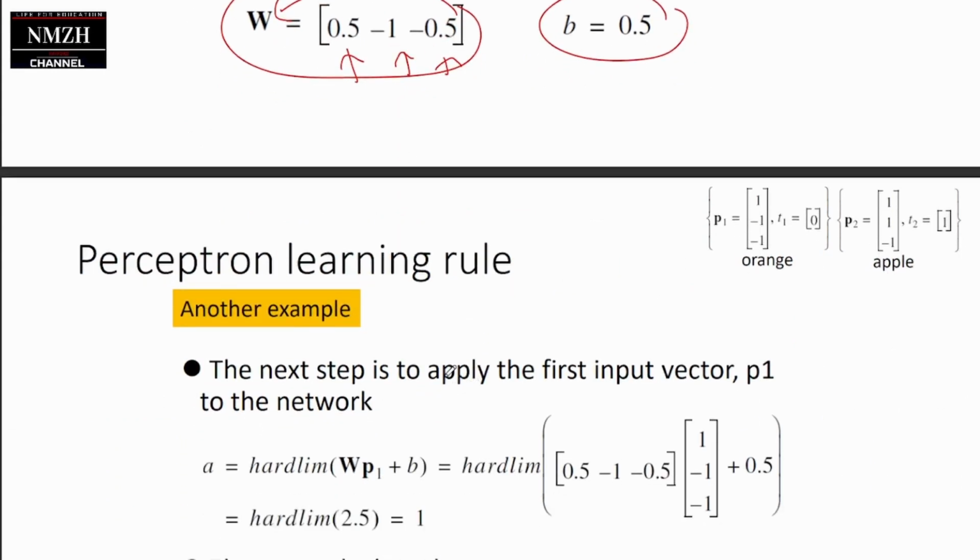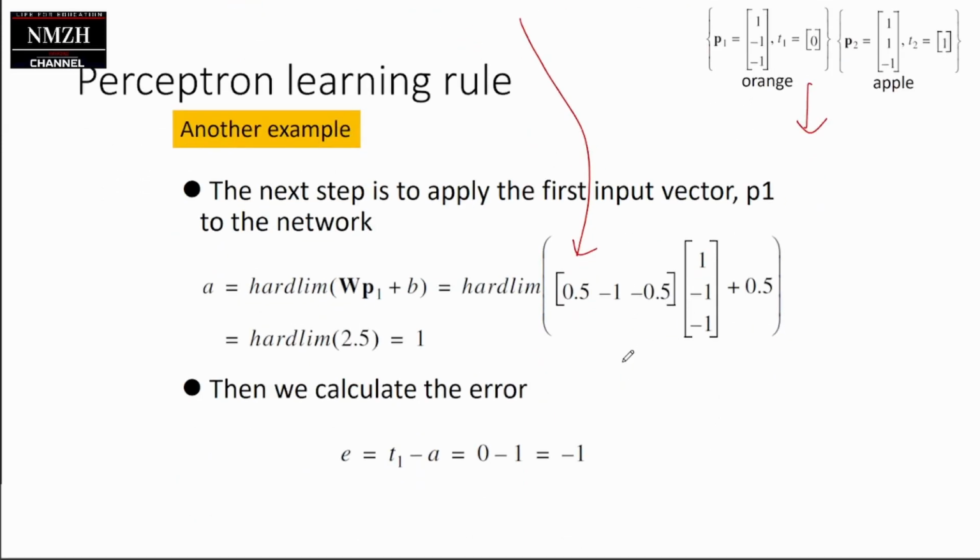Then in order to find the A for this first input, basically WP plus B, right? The A hard limit for this: the weight is chosen, so we bring the weight over here. The first input is orange, plus the bias taken from the top here.